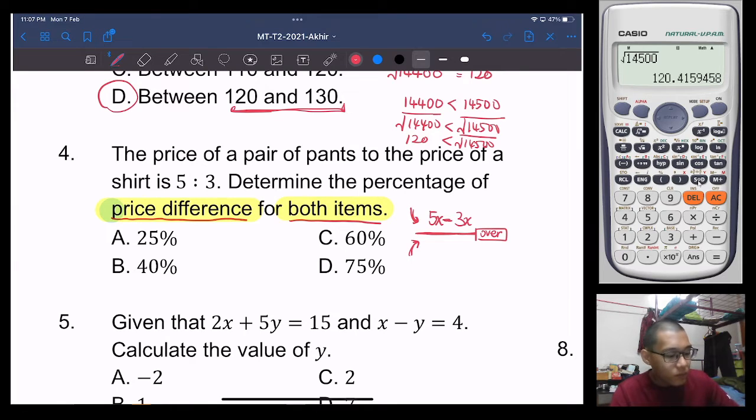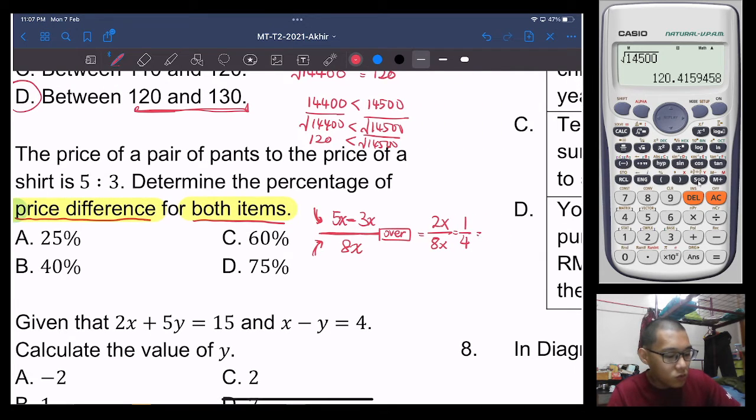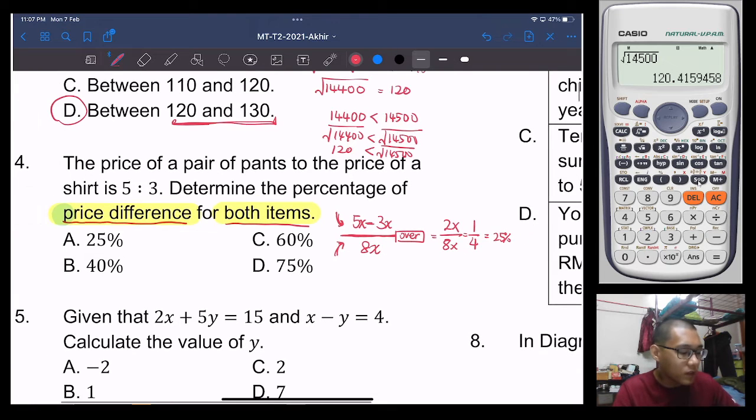So 5x minus 3x over the total parts. Total we have 8 parts, right? So 5x minus 3x gives 2x over 8x, and we can simplify it to 1 over 4, and 1 over 4 is equal to 25%. So the percentage of price difference for both items is 25%.